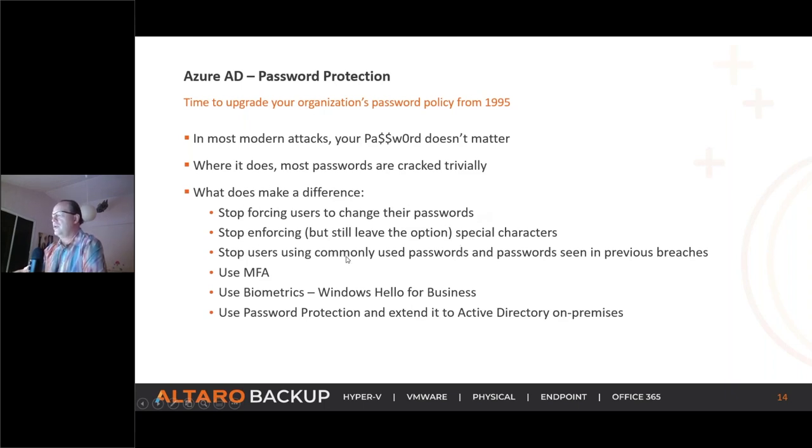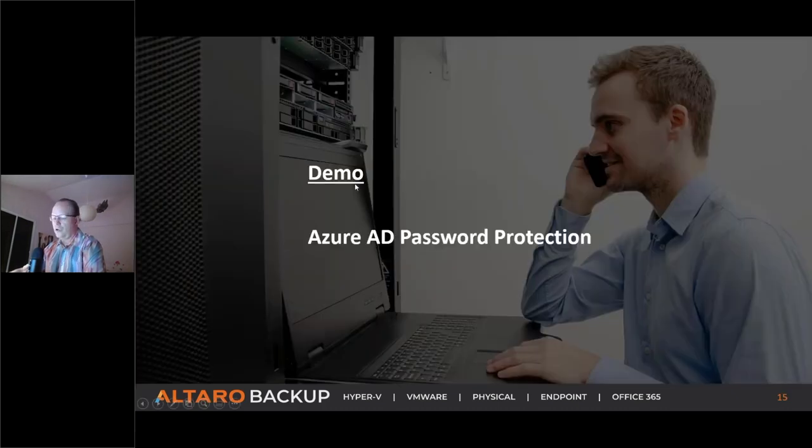What does work is stopping users using really dumb passwords. Password1 is 9 characters long, and you have a capital P and a number 1 at the end, but it is a really terrible password. Stop users using that, and we can do that with password protection. Use multi-factor authentication, we'll come back to that later on, and if you can, biometrics. You can also extend password protection in Azure Active Directory to Active Directory on premises. So, a quick demo on that.